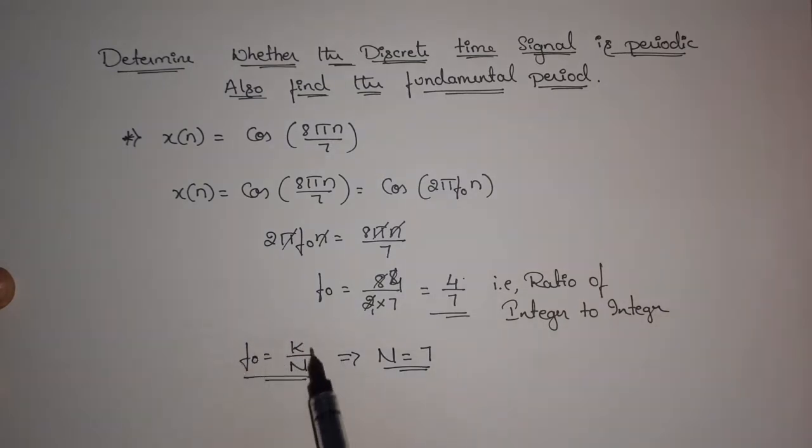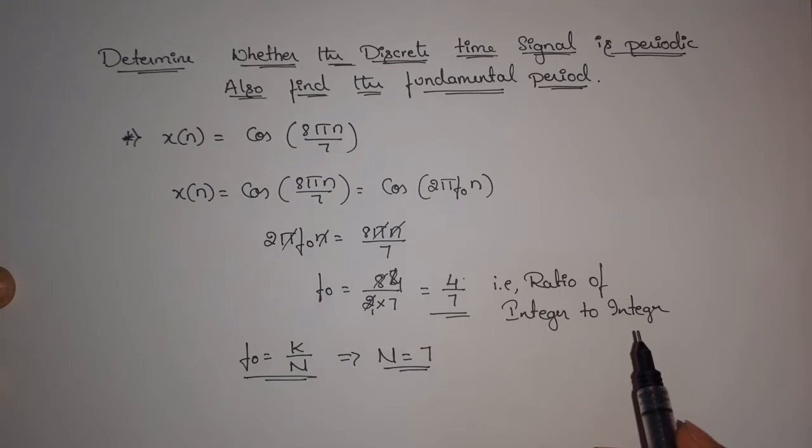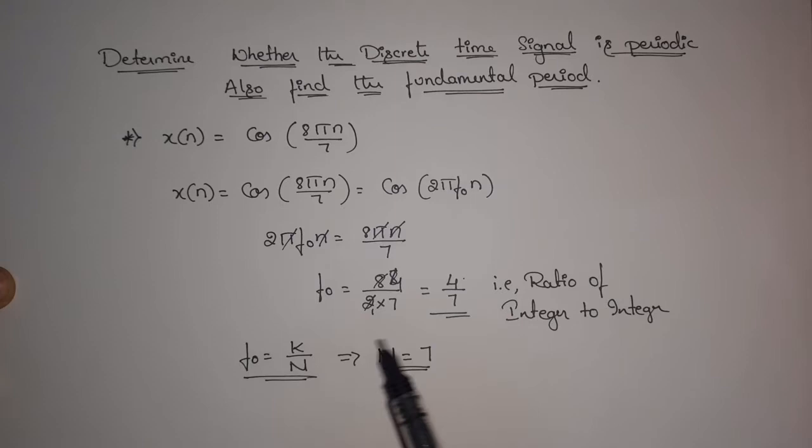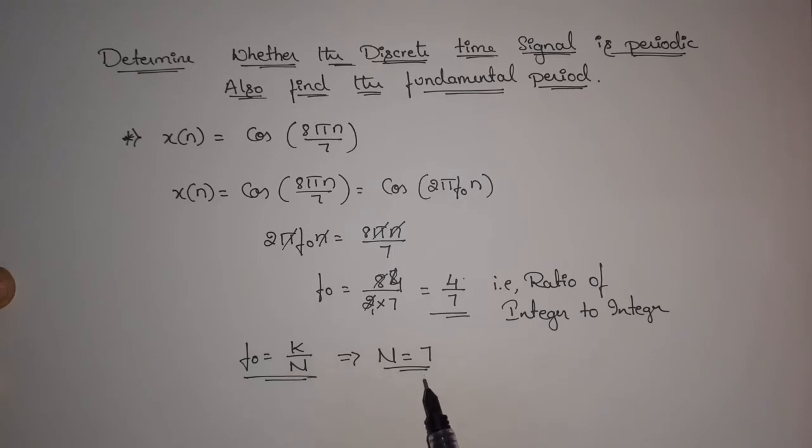If you want to know how f naught is equal to k by n, look back to the previous video, condition for periodicity of discrete and continuous time signal, where we derived f naught is equal to k by n, which is nothing but the ratio of integer to integer. Now we got f naught as 4 by 7. Comparing it with k by n, we can write n is equal to 7. Hence the signal is periodic with a fundamental period n is equal to 7.